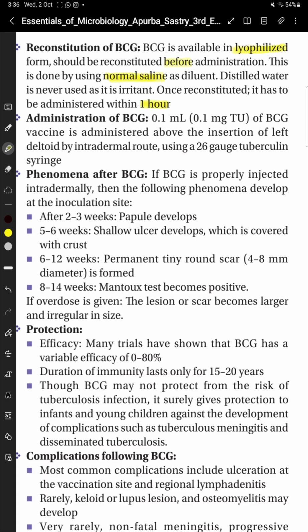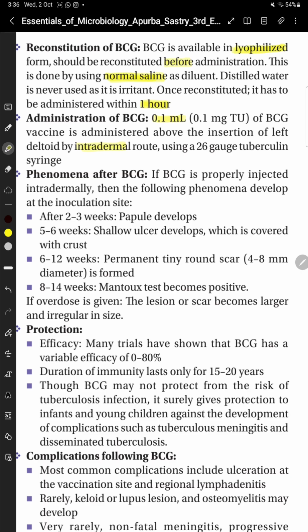Administration of the vaccine: 0.1 milliliter of BCG vaccine is administered above the insertion of the left deltoid by intradermal route using a 26 gauge tuberculin syringe.